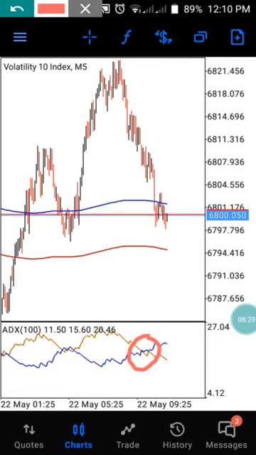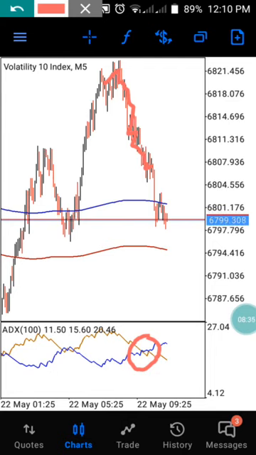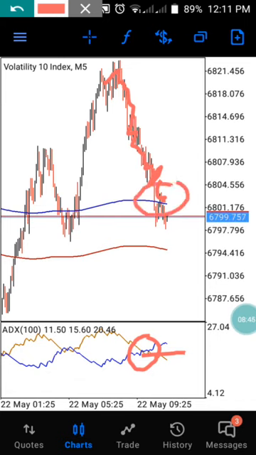Now what you need to do is to wait for the market, you know, there is a reverse in the market, and it's trying to give you a confirmation from this area, and once you have it, you just wait for your price to reach your blue line. Once it reaches your blue line, then you are safe to enter the trade.